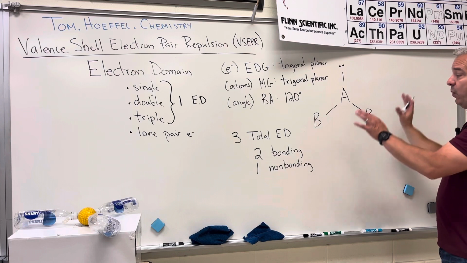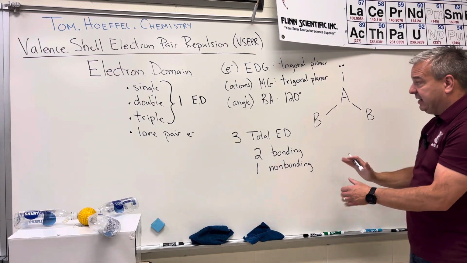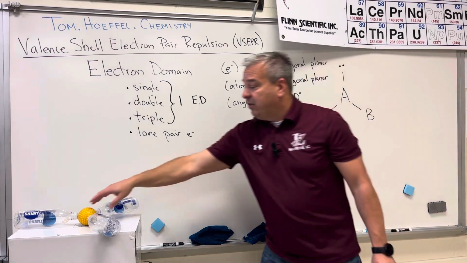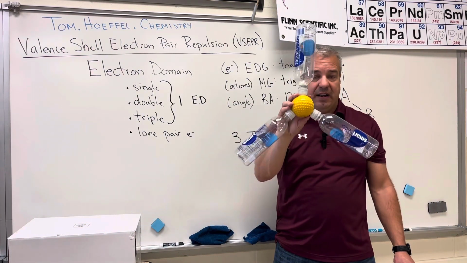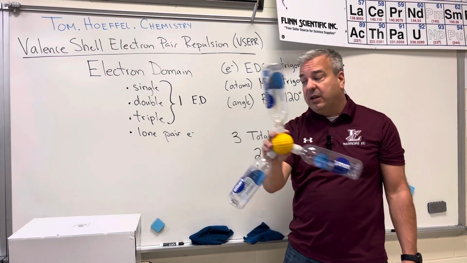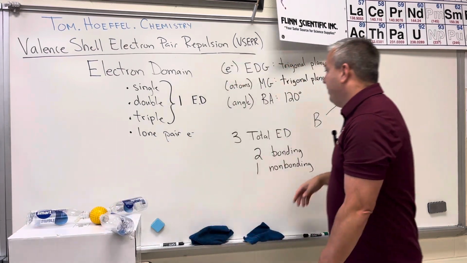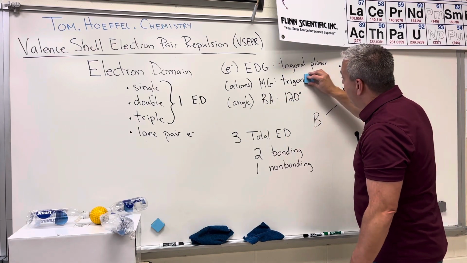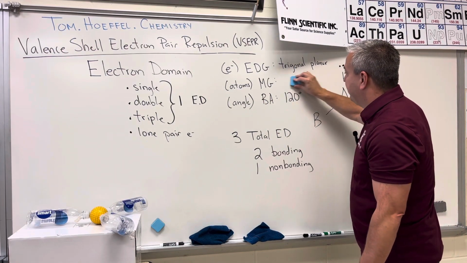Okay? So what type of shape is going to exist here? Well, as long as there's 3 electron domains, those electron domains are going to get as far apart from each other as possible, and the shape is still trigonal planar. However, the shape that the atoms make up is no longer going to be trigonal planar.